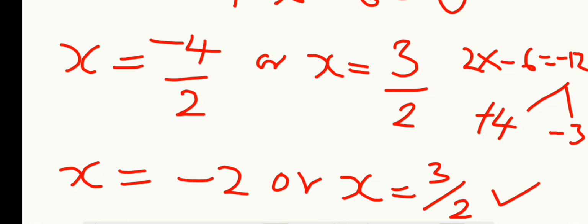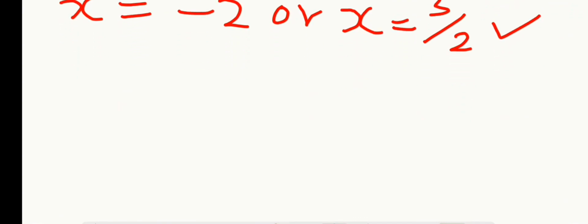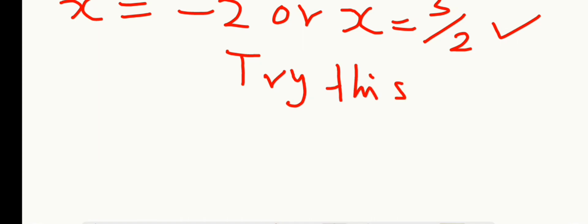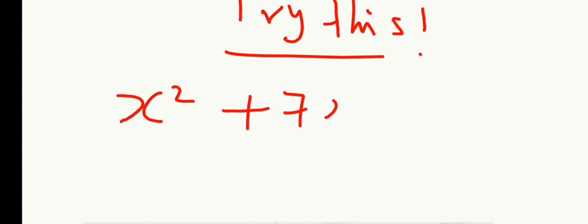So I want you guys to try these questions, and make sure you write your answer in the comment section. Try x squared plus 7x plus 12 equals 0, using the first method.